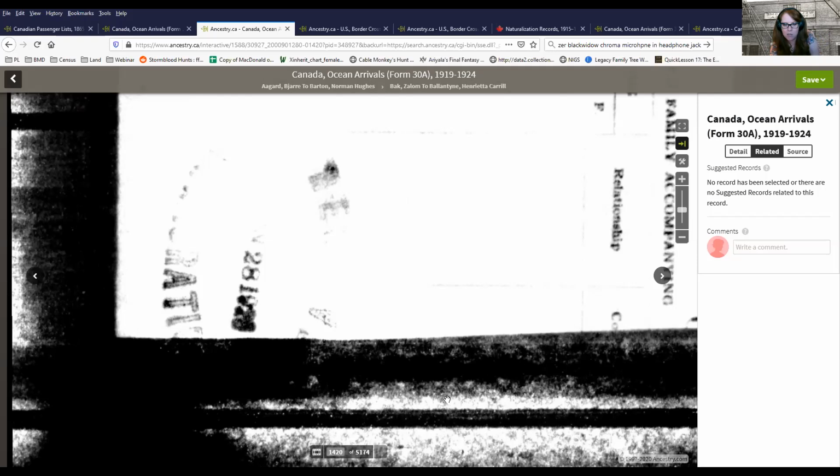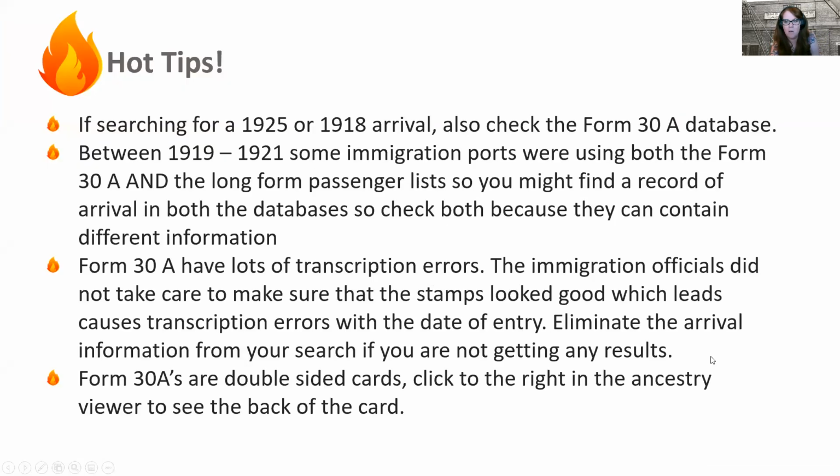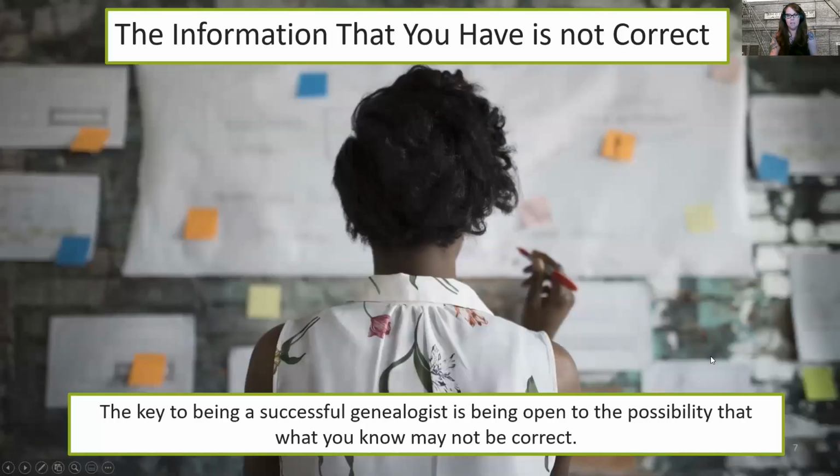Let's go back to our PowerPoint. Okay, moving on. You've done all your preliminary research, and you're not getting any results. You're pretty sure you know the year of birth and the arrival date, but maybe it's not right.